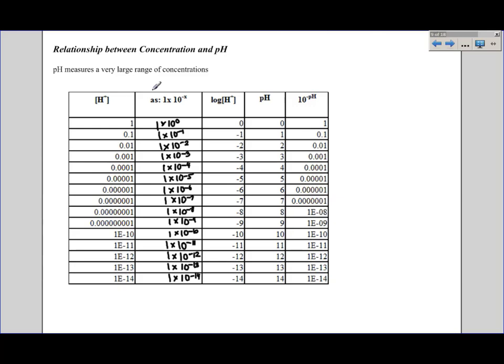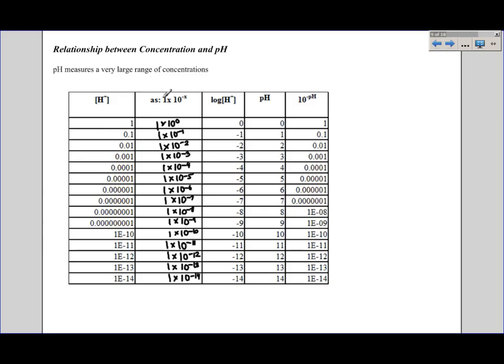What we're going to do is we're going to study this range of concentrations of H plus. So if you look at them, all I'm doing is moving the decimal place over 1, and the concentration of H plus is just getting smaller and smaller and smaller as I go down this list.